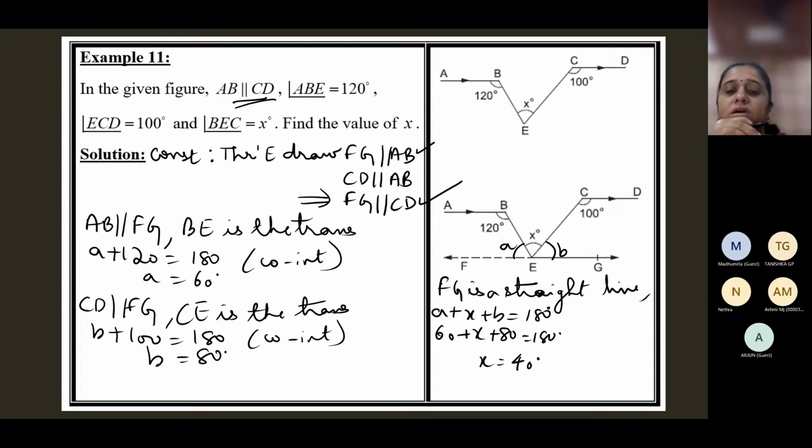Through E, draw FG parallel to AB. Let me know if you finished writing, children. We'll do it now.